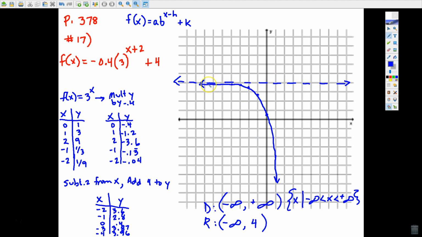And again, we're not going to ever touch positive 4. We're just going to continue to get close to it. That's why this is an asymptote line. So I'm going to leave parentheses here to show 4 is not part of the range. Or you could do f of x such that f of x is less than 4.